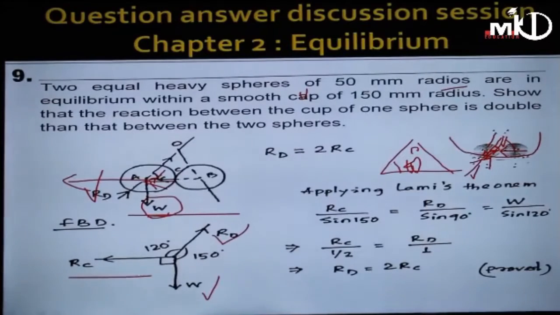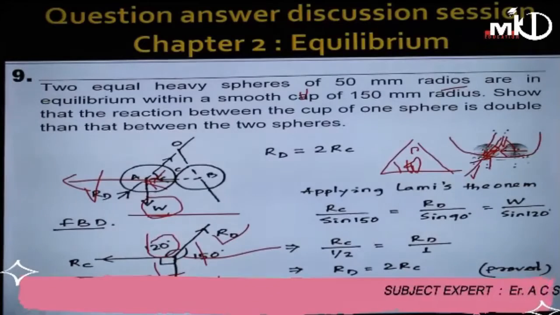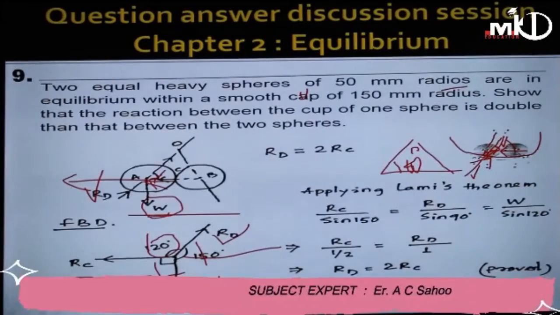Okay. So now see, RC is horizontal, W is vertical. So this angle is 90 degrees and this angle is 60 degrees. Meaning 90 plus 60 is 150, and of course 90 plus 150 is 240. So the rest is 120 from 360 degrees minus. So now apply Lami's theorem.